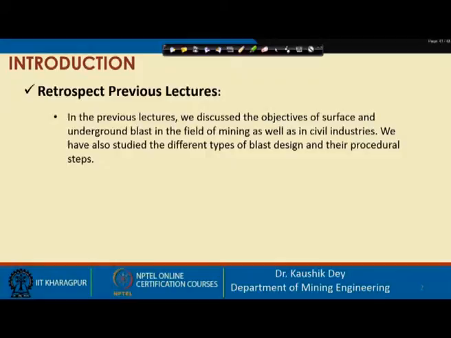We have also studied the different types of blast design and their procedural steps, so that the design can be made to achieve the desired result from a blasting. The result is important, which is essentially required for which the blasting is being carried out. So, the blasting result is very important.